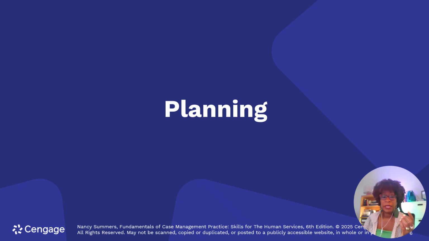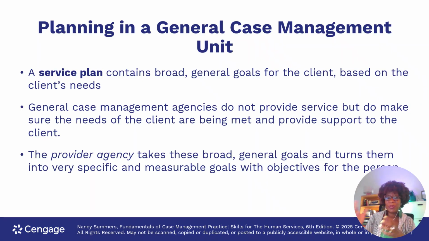But in doing that, we're going on to the planning part now. You're going to take all of that information, and then you're going to have to begin to create a plan for the client.